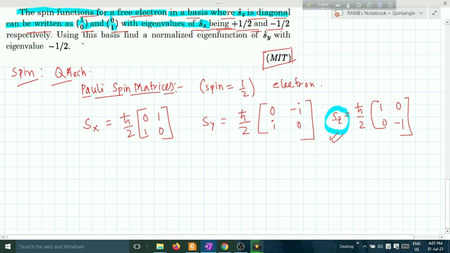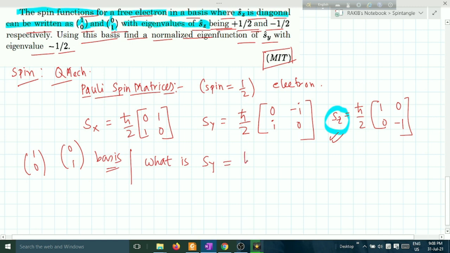Using these bases, which are the bases? Here the bases are (1, 0) and (0, 1). Using these bases, find a normalized eigenfunction of Sy with eigenvalue minus half. Eigenfunction of Sy. What is Sy?